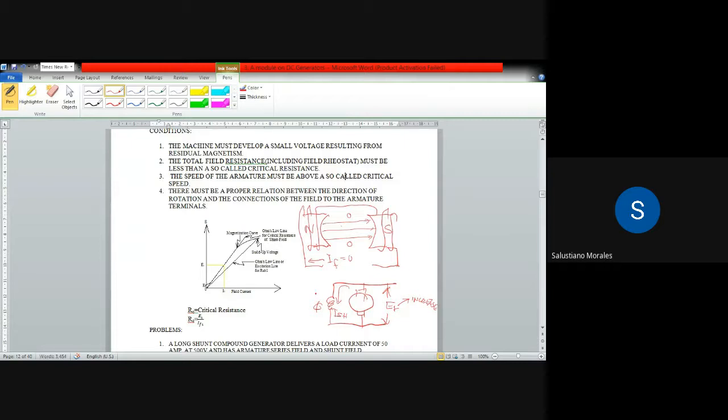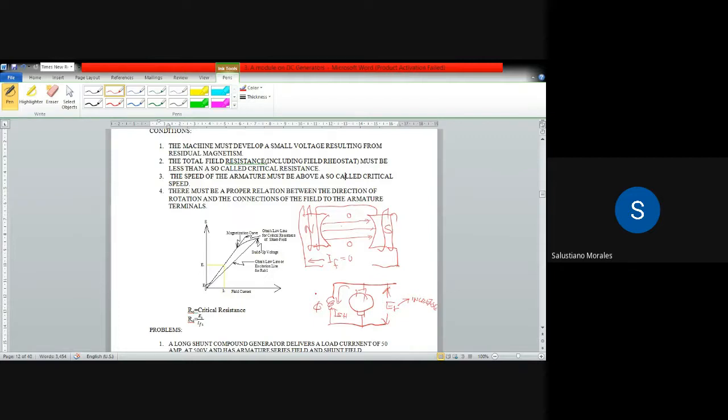So what is the reason why maybe the residual magnetism is lost? Maybe by time. If the generator is not used for a long period of time, there's a tendency that the residual magnetism is lost. So how could we regain the residual magnetism?